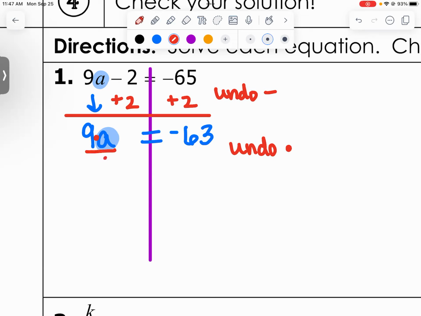So we need to divide both sides by 9. So what happens here? These cancel out, so those cancel, these cancel. And we are left with A equals, Adrian, what's negative 63 divided by 9? Negative 7.